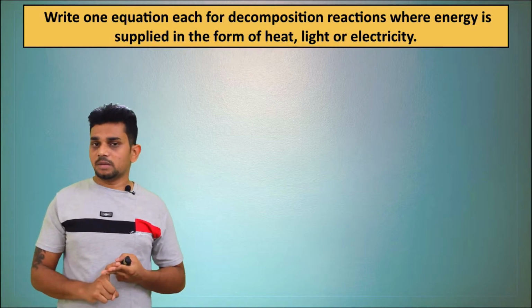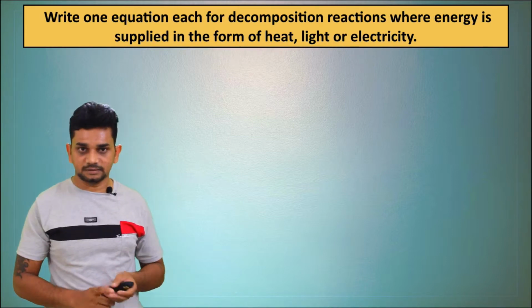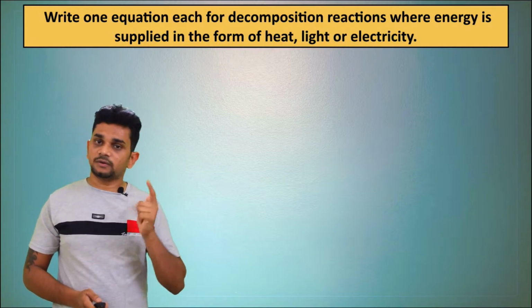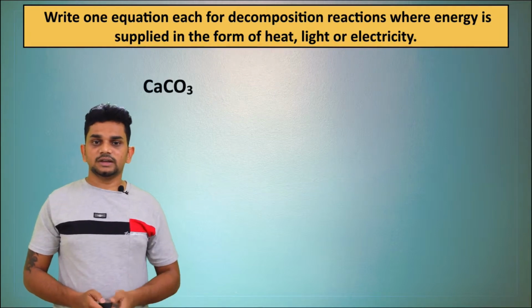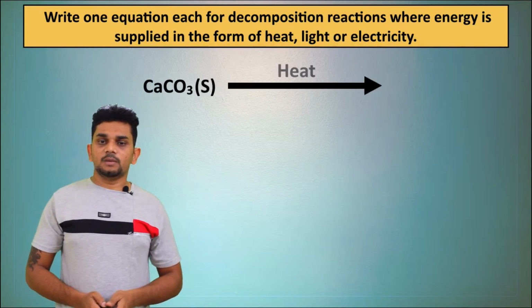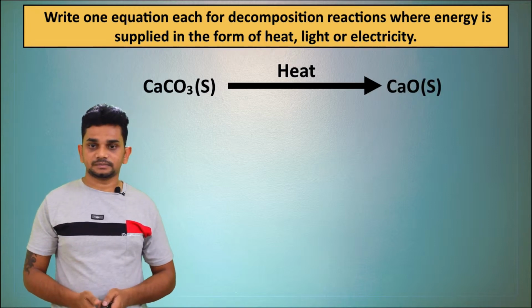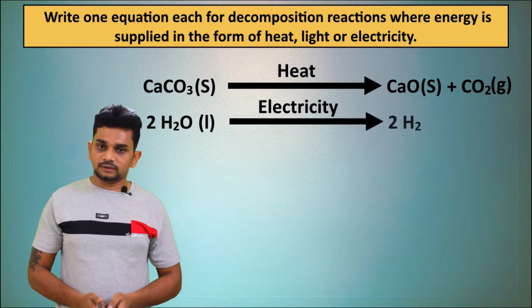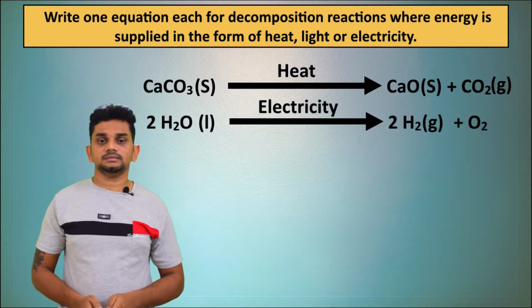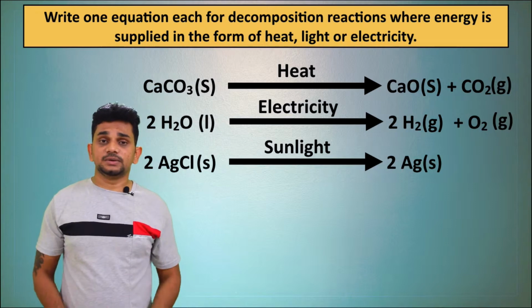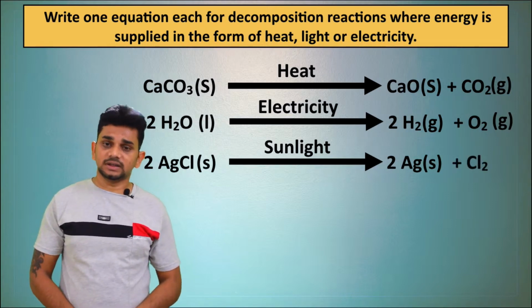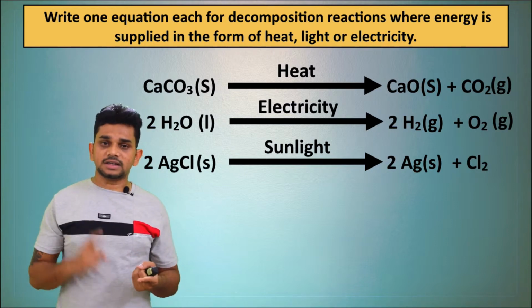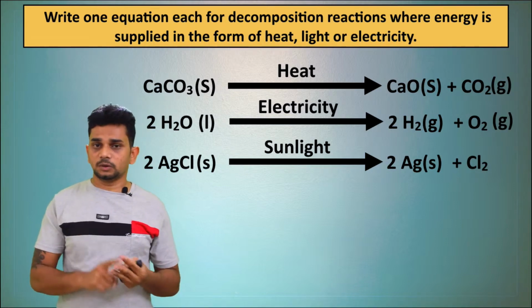CaCO3 gives CaO plus CO2 in the presence of heat. 2H2O gives 2H2 plus O2 in the presence of electricity. 2AgCl gives 2Ag plus Cl2 in the presence of sunlight.